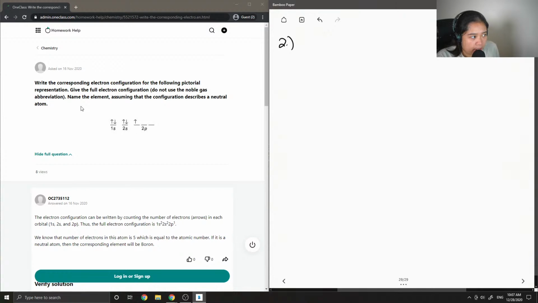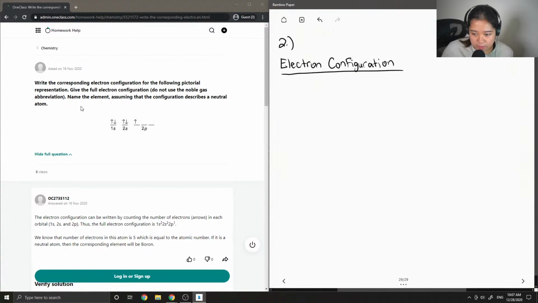Okay, so they want us to write the corresponding electron configuration. So let me write down the steps on how to do so. So typically you need to write the electron configuration of, let's say, a ground state atom.